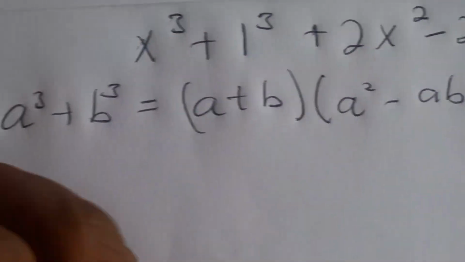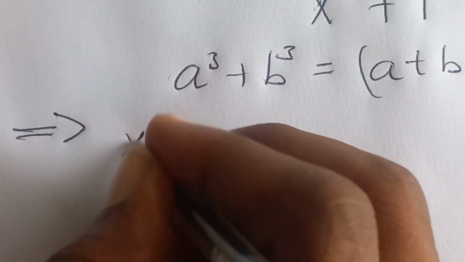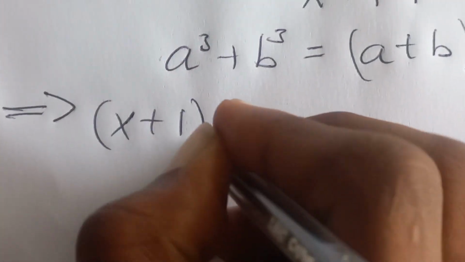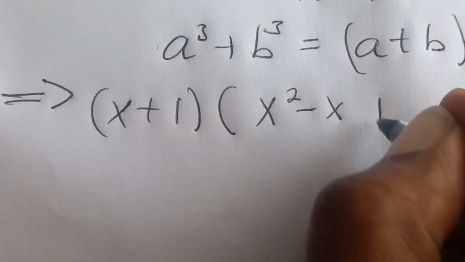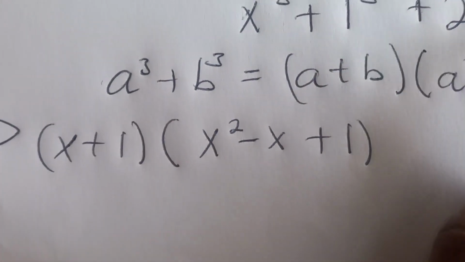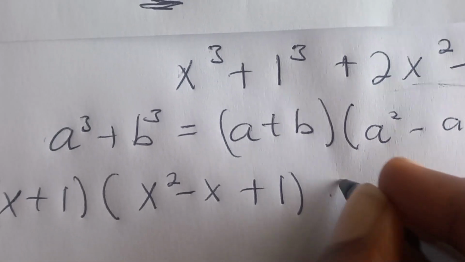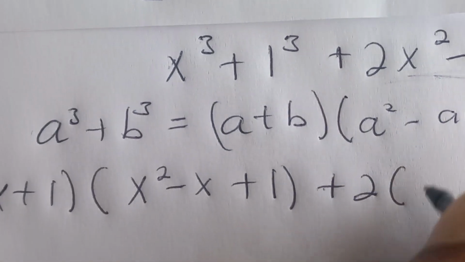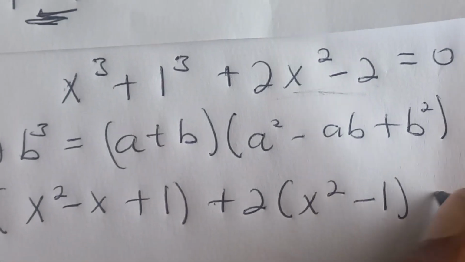So our equation now becomes x plus 1 into bracket x squared minus x plus 1, then our term which is plus 2 into bracket x squared minus 1, when you factorize this, which is equal to 0.